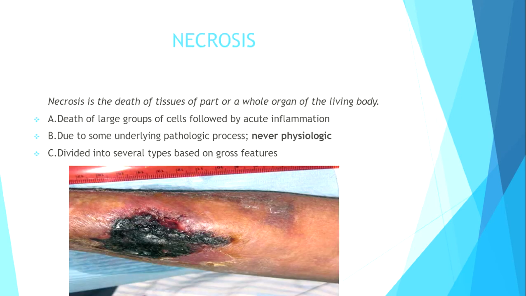And necrosis. Necrosis is the death of tissues of part of or a whole organ of the living body, a death of large groups of cells followed by acute inflammation due to some underlying pathologic processes, never physiologic, and divided into several types based on gross features.